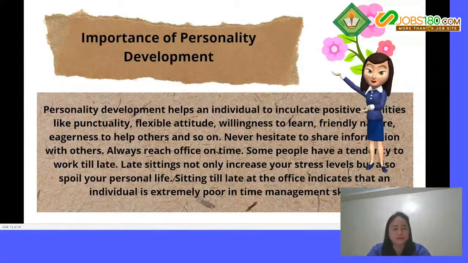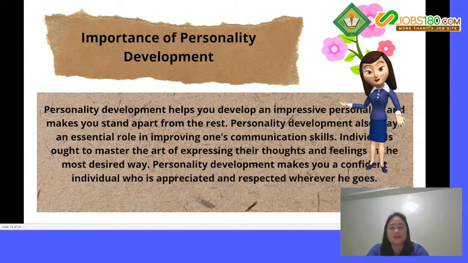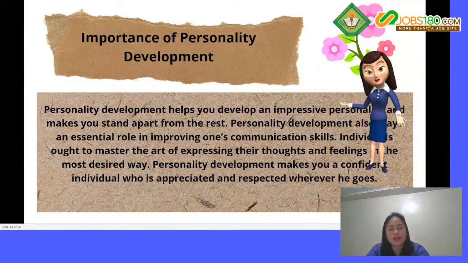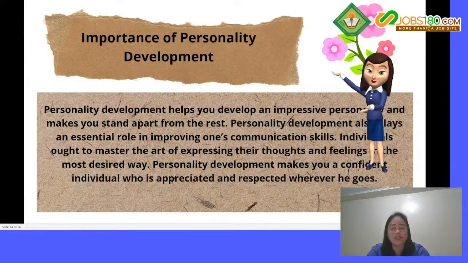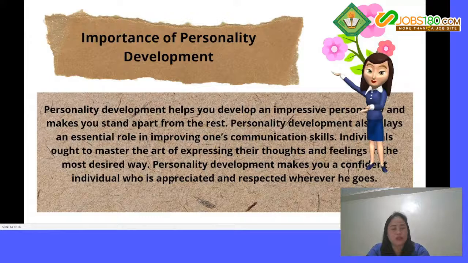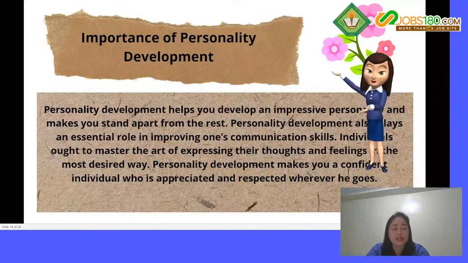Okay, we proceed. Personality development helps you develop an impressive personality and makes you stand apart from the rest. Okay. Personality development also plays an essential role in improving one's communication skills. Individuals ought to master the art of expressing their thoughts and feelings in the most desired way.